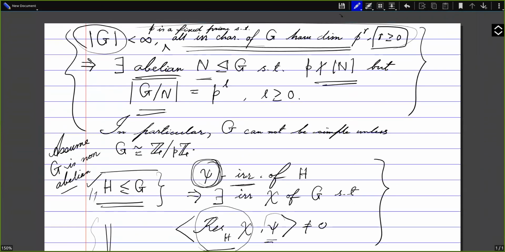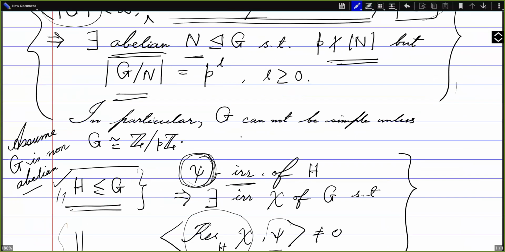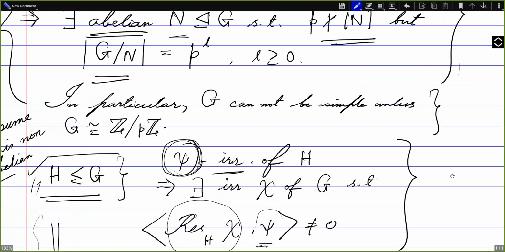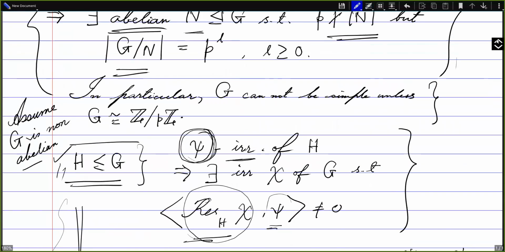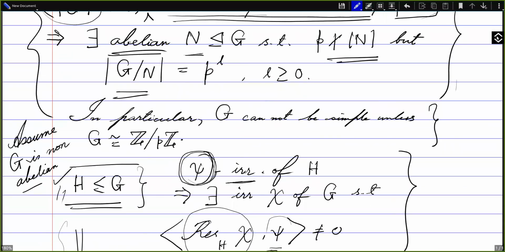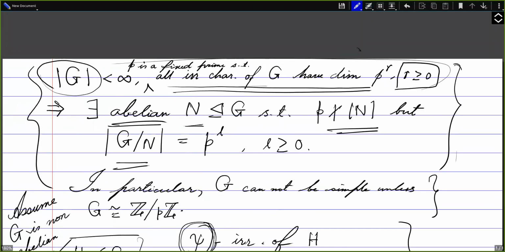So thus we have proved this. Now we will just complete this part, and that's also quite easy. So how to complete this part? Now again let me just remind you that we have established this already.